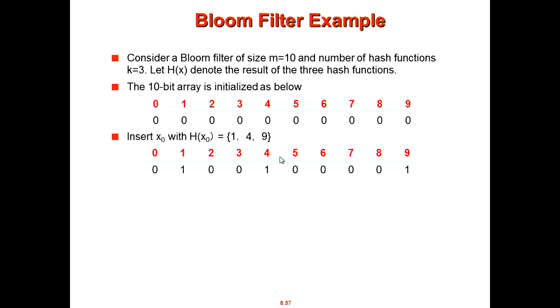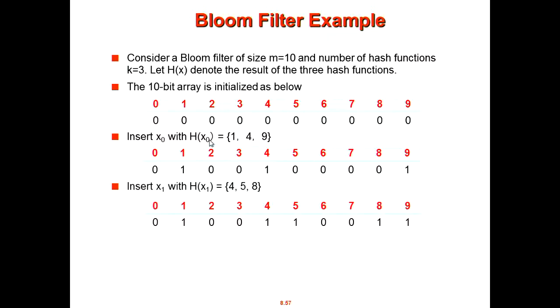So we set bits 1, 4, and 9 to 1. For the next element x1 in S, we have 4, 5, 8 based on the 3 hash functions. So we set bits 4, 5, 8 to 1.